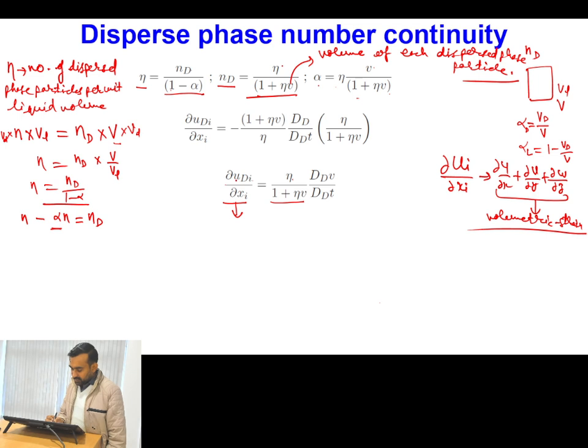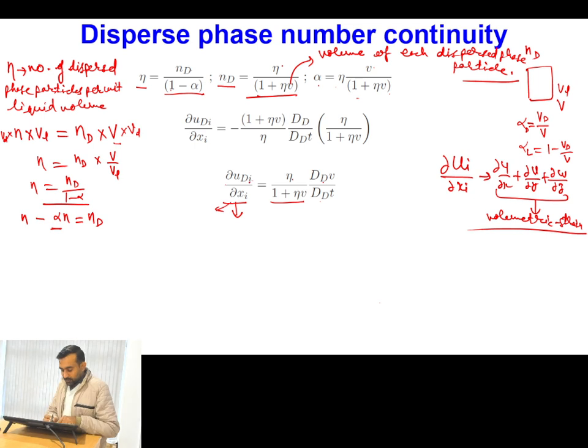So over here, del u di by del xi, I can say that the volumetric strain for the dispersed phase is equal to this number density term times d by dt of the volume of each dispersed phase particle, that is, the total time rate of change of volume of each dispersed phase particle. Is this point clear?